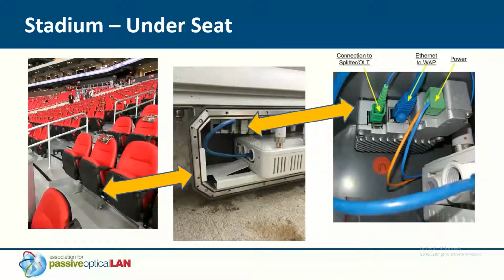And this allows the ONT to power, in this case, an access point, completely sealed off. On the far right, you see the detail there. You see the SC/APC connector that goes out to the splitter. In the middle, you see the Ethernet cable that goes to the WAP and also powers the WAP. And on the right there, you see the DC power coming in to power the ONT, which then powers the AP or any other device that you like.